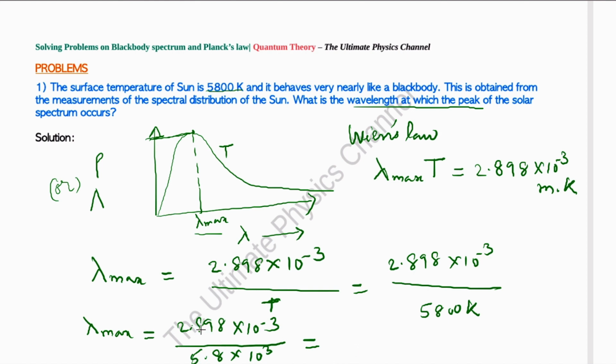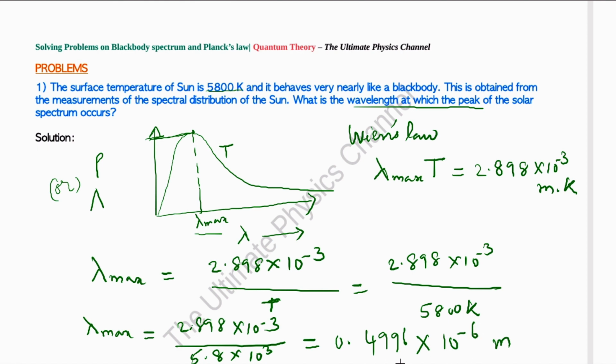So this particular number, the 2.898 over 5.8, turns out to be 0.4996, and the 10 powers are now 10 power minus 6.